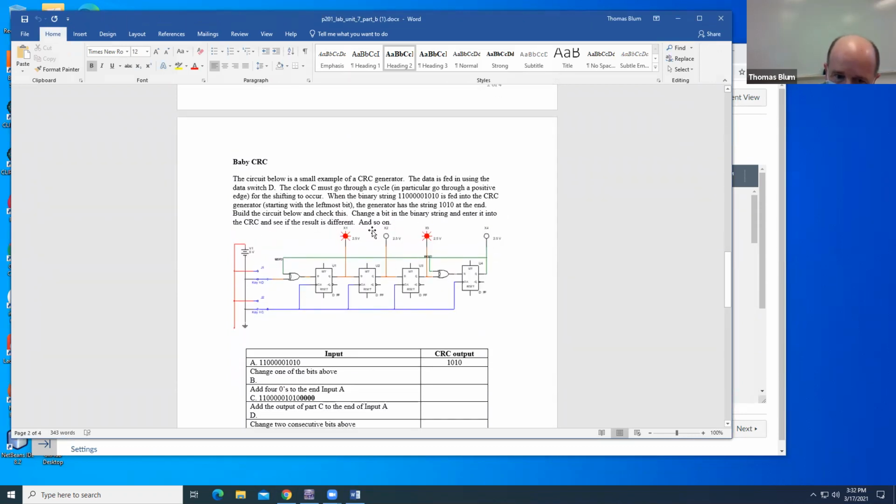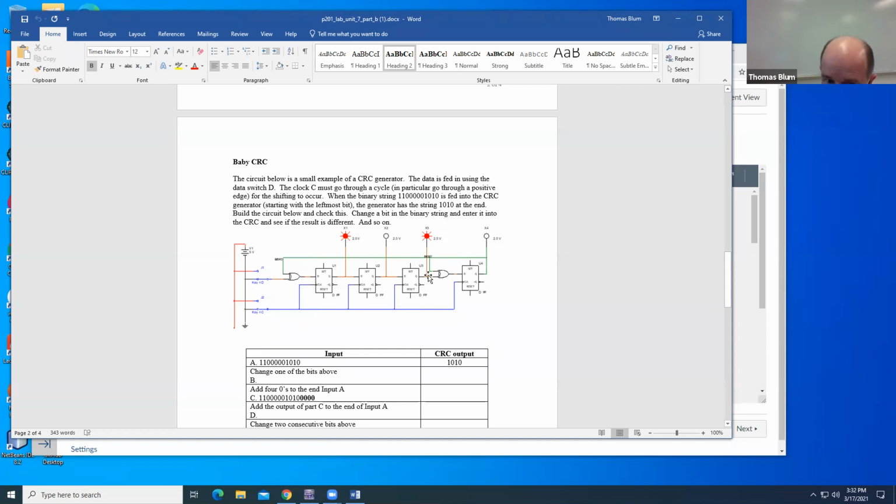It had 4 data latches. This is not a real CRC. The word size would be bigger, and there might be more excluded ORs. But we have 4 flip-flops or 4 data latches. They are edge driven, so they have a clock. The output of one flip-flop feeds into the next flip-flop.